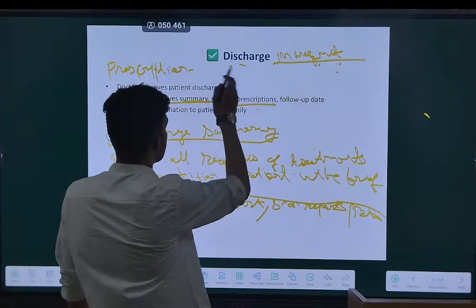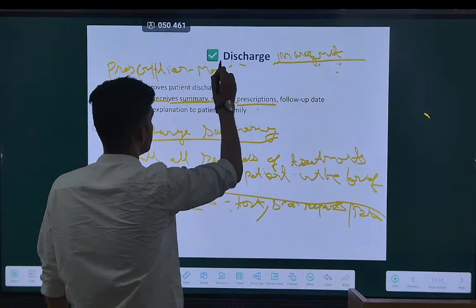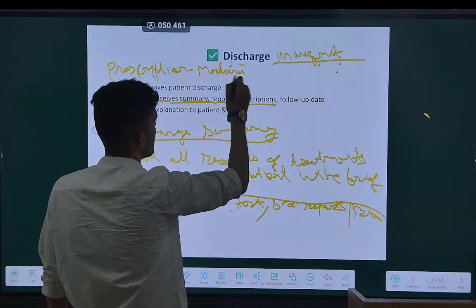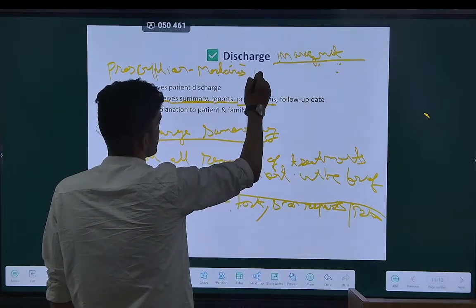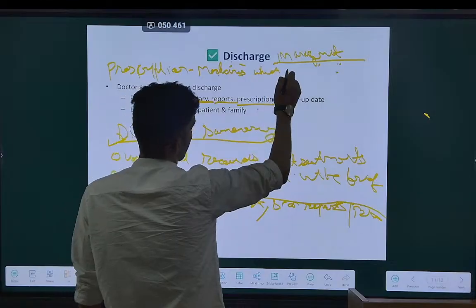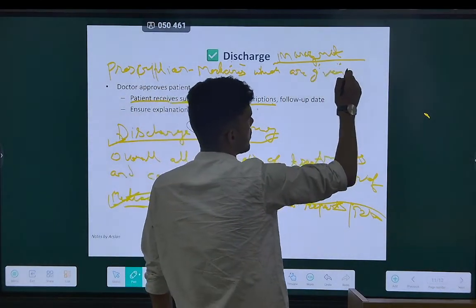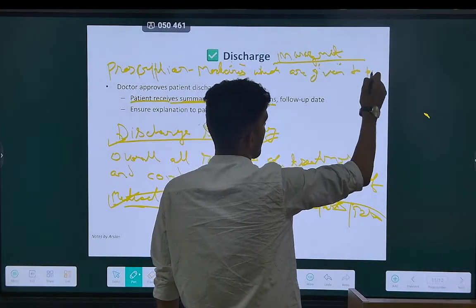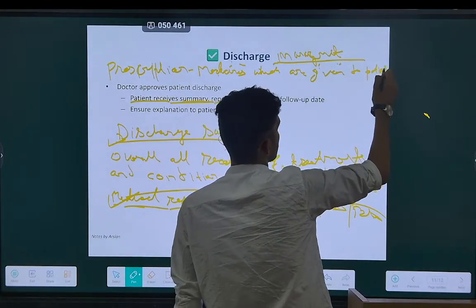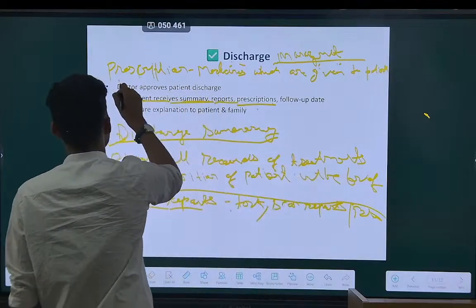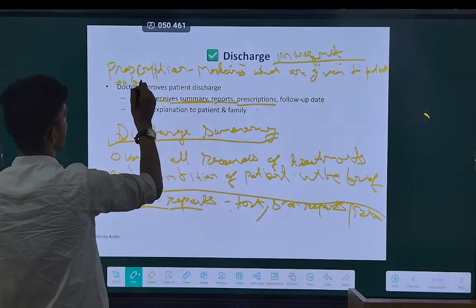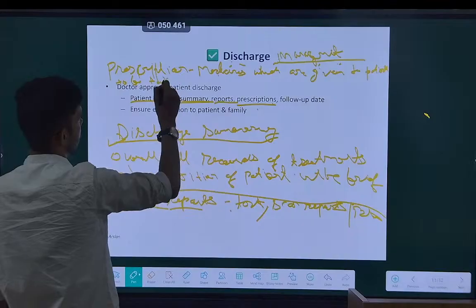Prescriptions are the medicines which are given to patients to be taken at home.